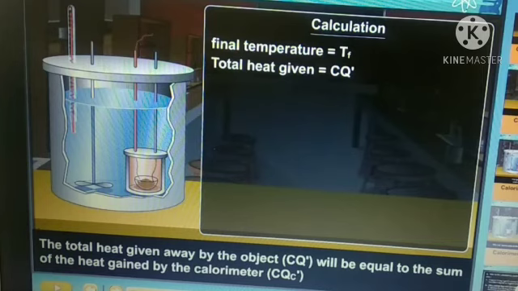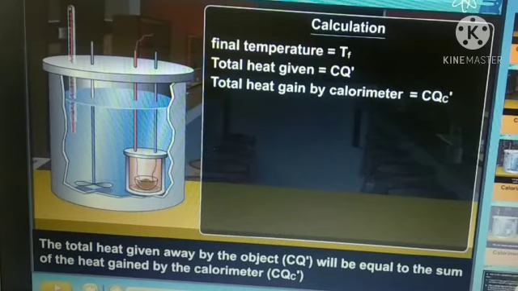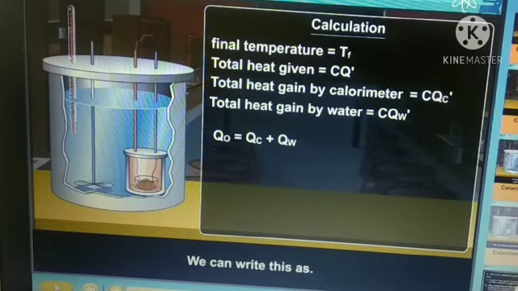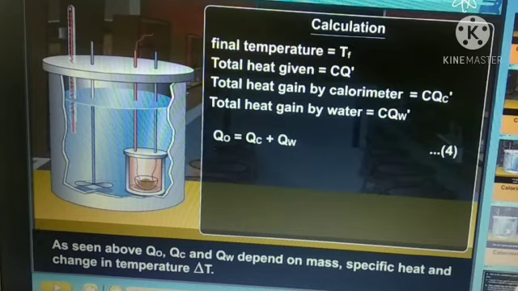The total heat given away by the object, Qo, will be equal to the sum of the heat gained by the calorimeter, Qc, and by the water, Qw. We can write this as Qo = Qc + Qw. This is equation number 4.